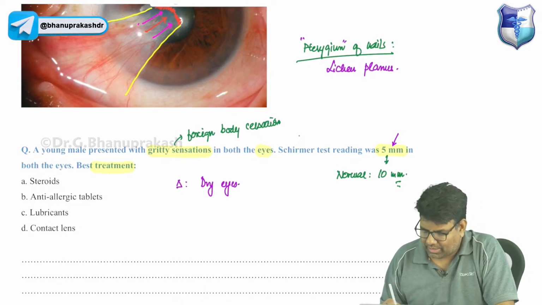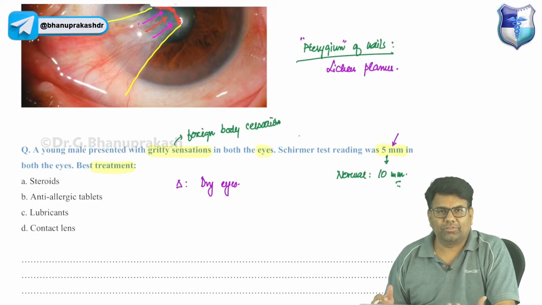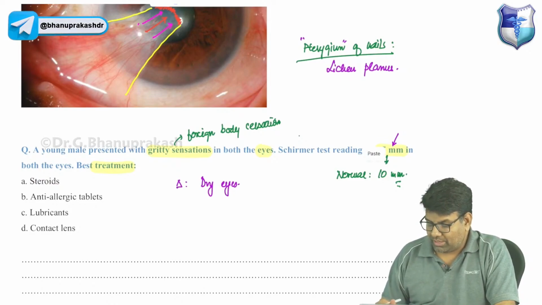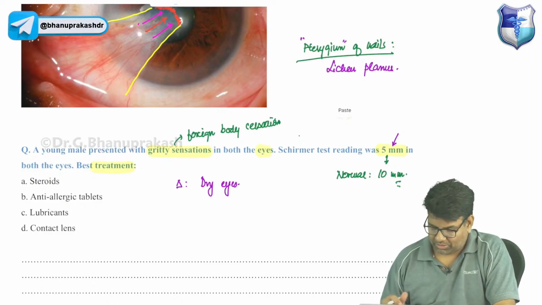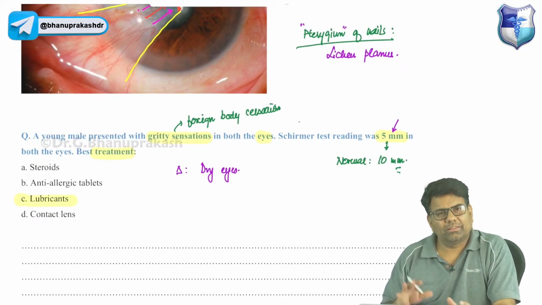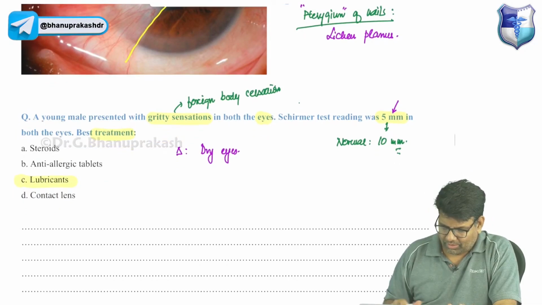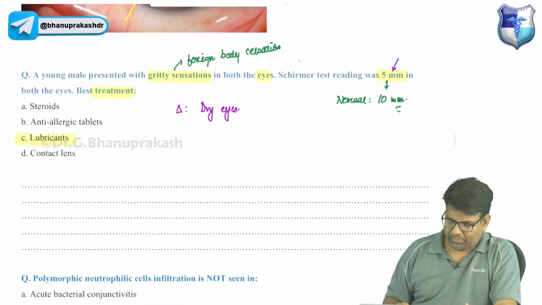Foreign body sensations suggest dryness of eyes, which is verified by the Schirmer test, showing decreased tear production. Whenever there is dry eye, we need to supplement it with lubricants. So lubricants is the correct answer to this MCQ.